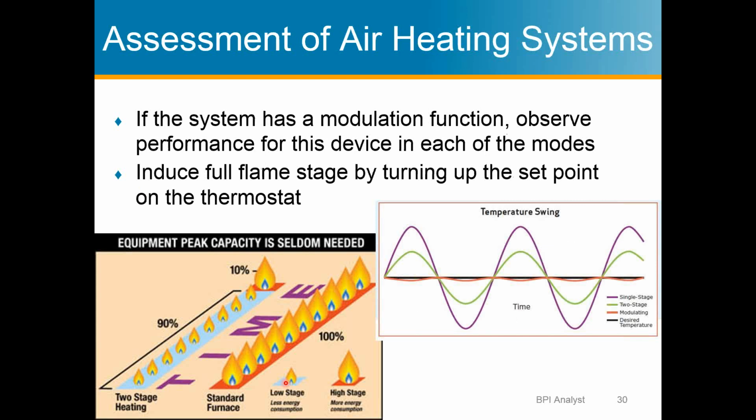Some heating systems can have a modulating function. Most of the furnaces in our homes are either all the way on or all the way off. They're either 100% on or 0% on. Some newer, more complex systems could be modulating, so you can have maybe 10% of the heat being generated.